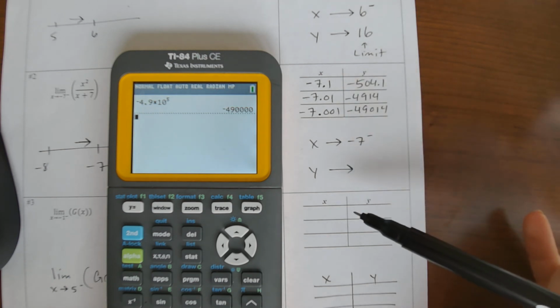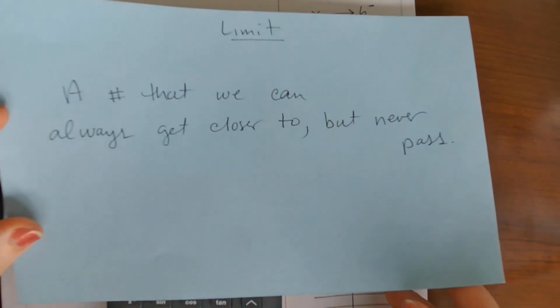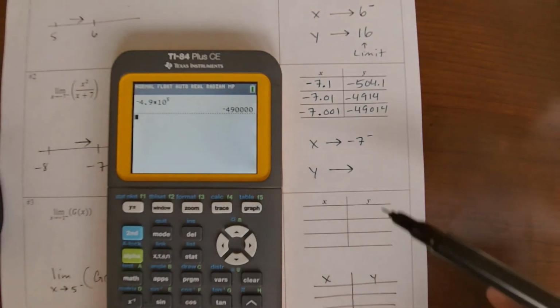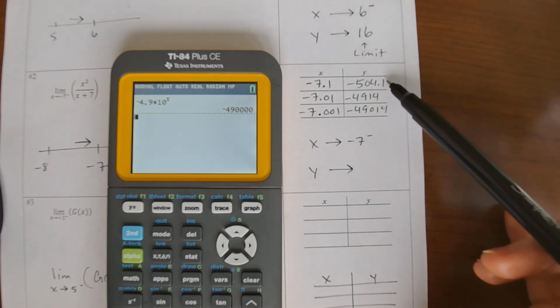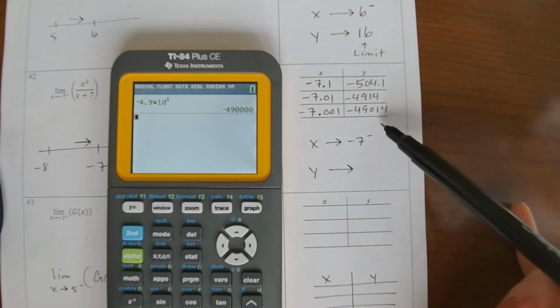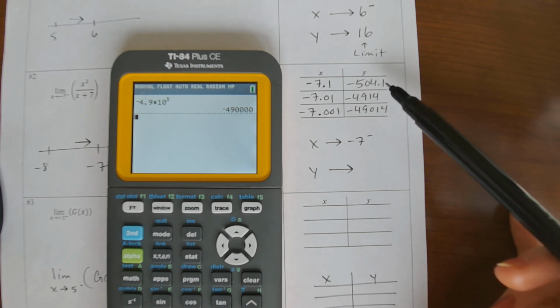They're jumping really a lot for every little small change in x. So we're asking ourselves, is there a number that we are getting closer and closer to but never passing? No, we just keep passing all of the numbers in huge ways, going further and further to the left.